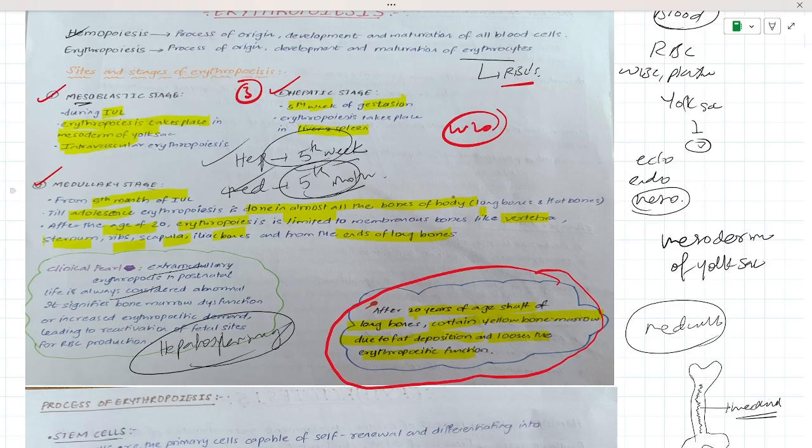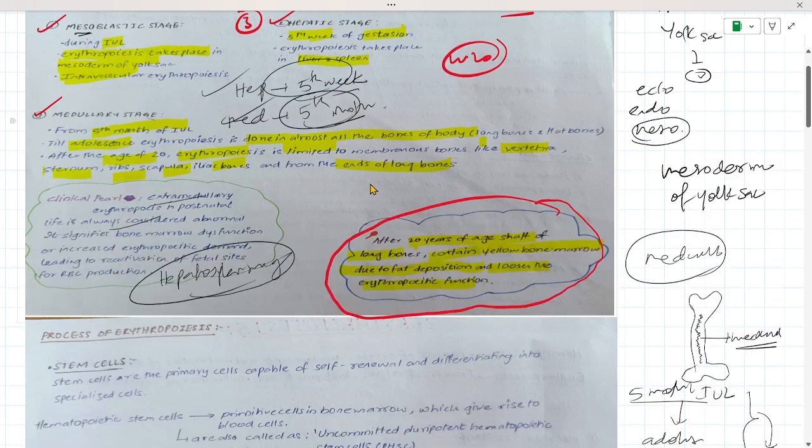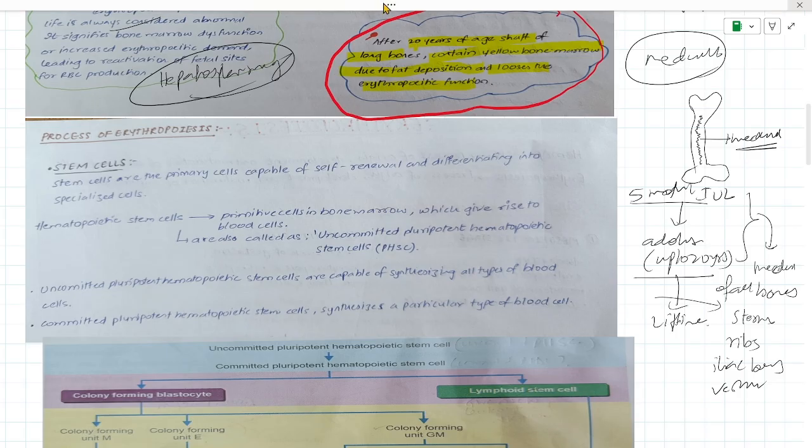The bone marrow present in the long bones, due to the accumulation of more fat as age progresses, converts into yellow bone marrow. When it is converted to yellow bone marrow, its erythropoietic function is decreased. So erythropoiesis is limited to only some bones after 20 years. I hope you got my point.